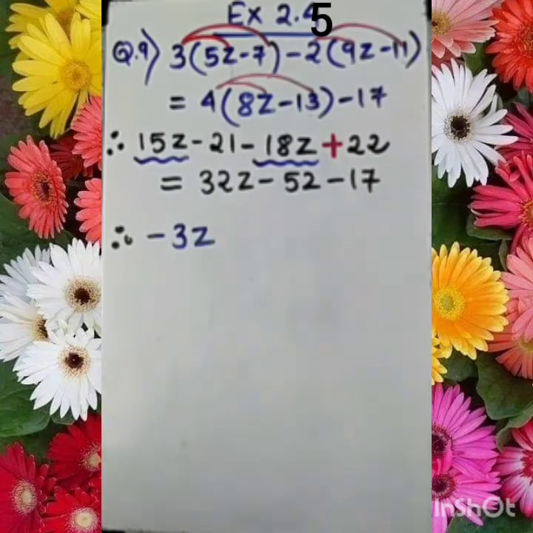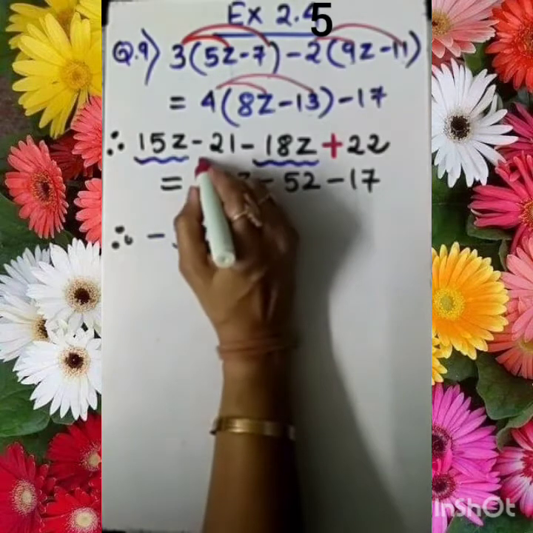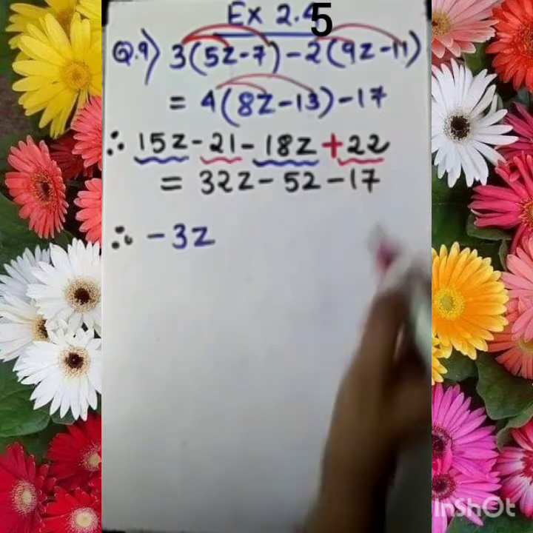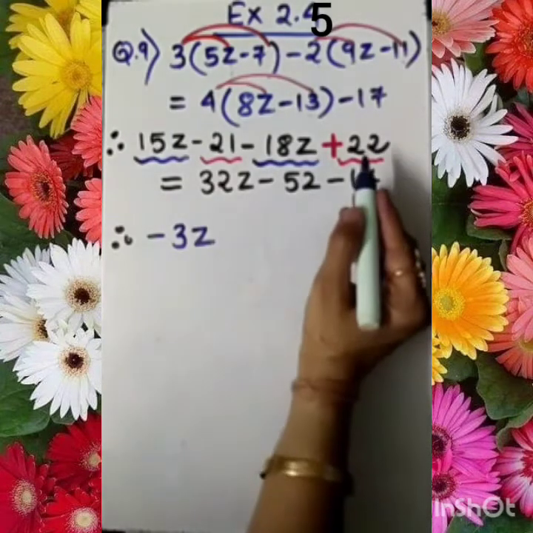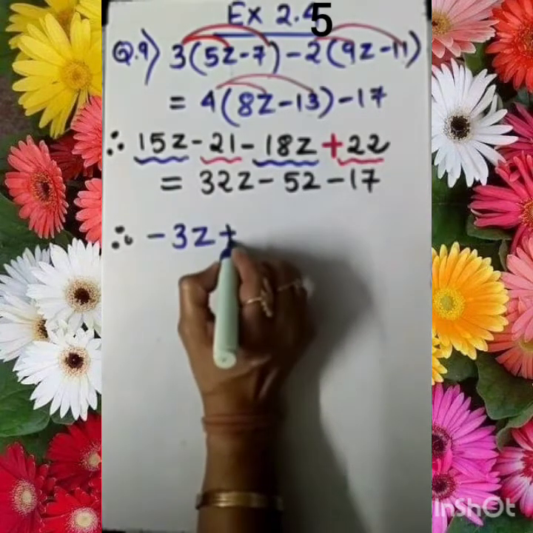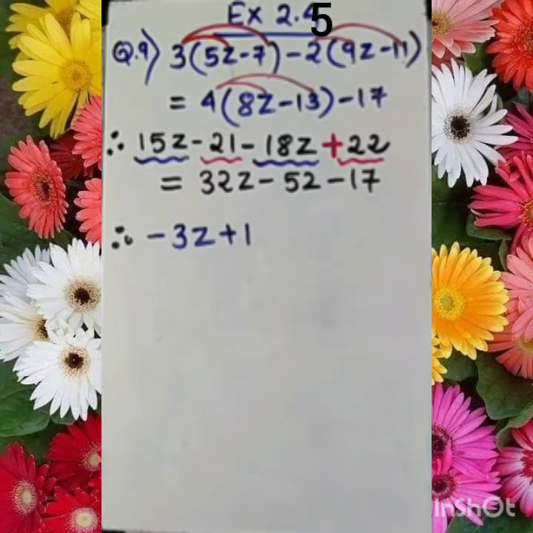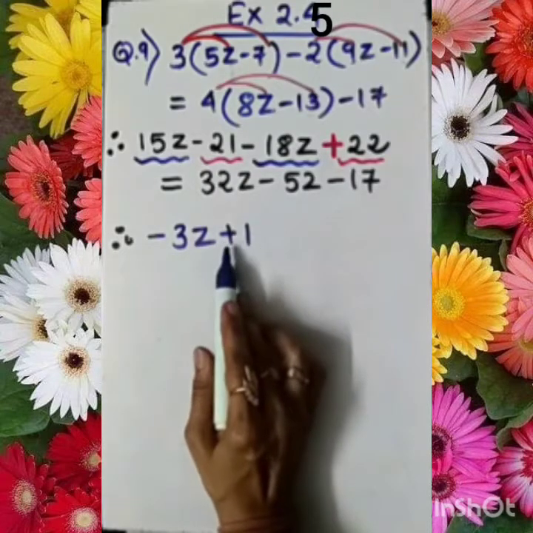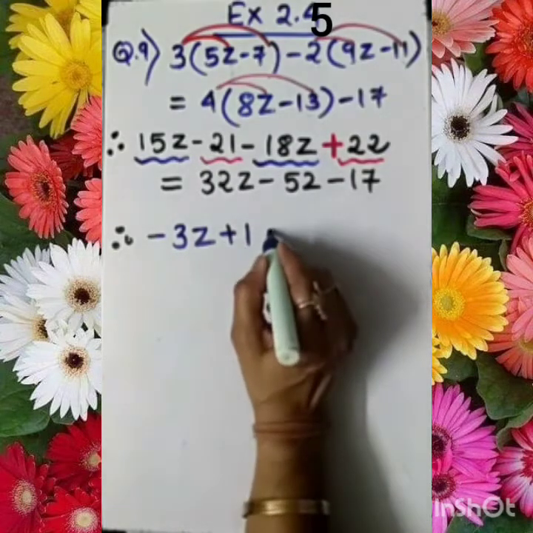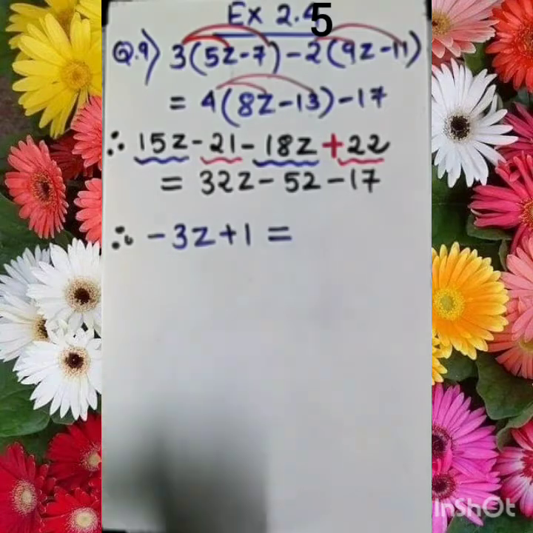Which are the constant terms here? Look at your screen. They are minus 21 plus 22. So how to simplify? Minus 21 plus 22 gives the result plus 1. The big number's sign is positive. So after subtracting, we need to put the sign of the big number, that is plus 1. This completes the LHS.